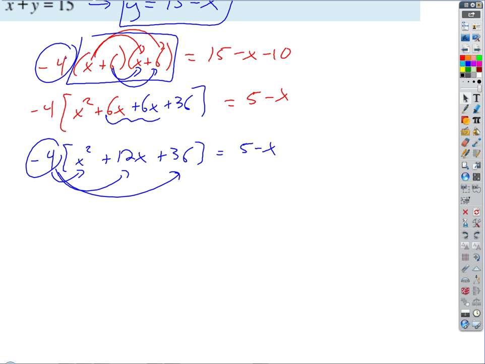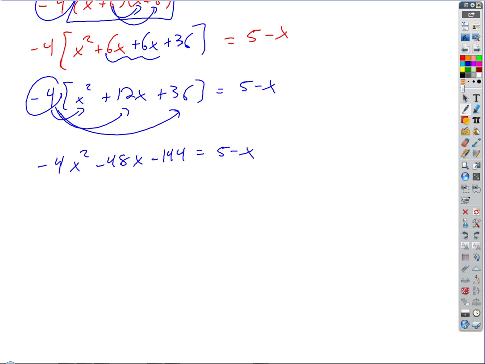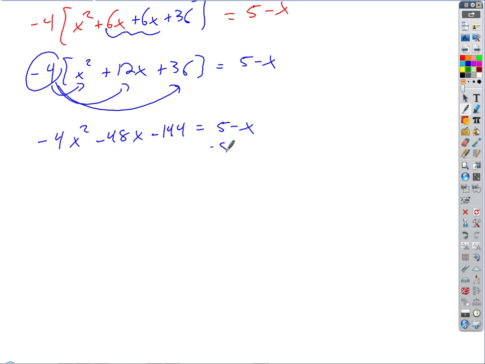All right, so we backed up a little bit to the place where I was simplifying my equation for x. When I distributed the negative 4, then I should get the equation negative 4x squared minus 48x minus 144 equals 5 minus x. Okay, so I'm going to subtract 5 from both sides, and I'm going to add x to both sides.